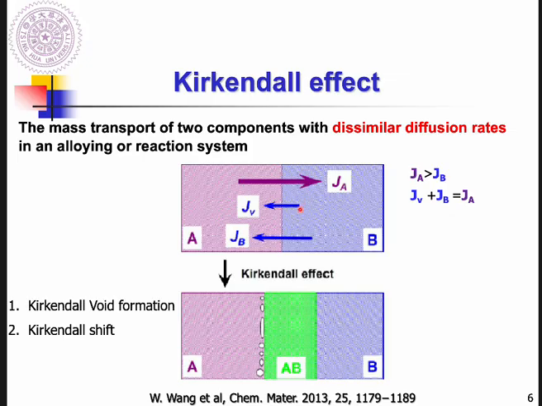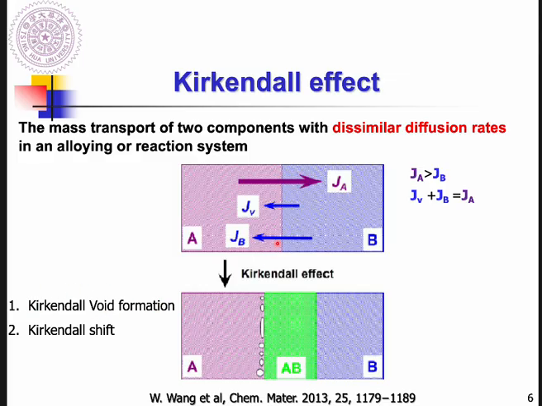The first characteristic is the Kirkendall void formation at the left-hand side, because you have a vacancy flux moving to the left-hand side. That leads to vacancy formation. This we call Kirkendall void formation.